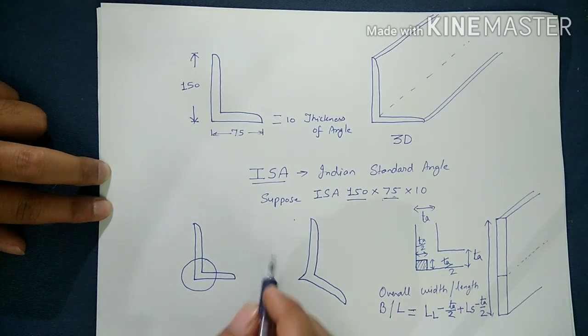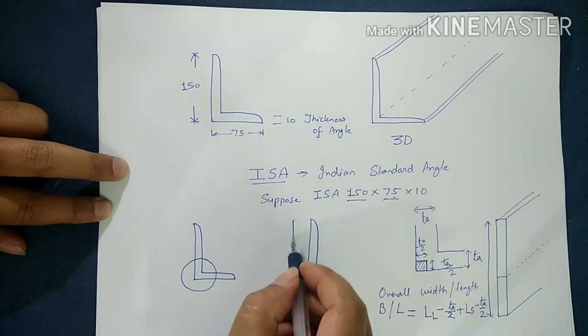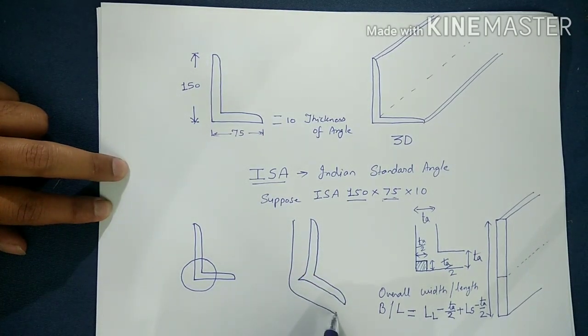We can see that if we add this whole length, and if the angle has this dimension, then overall length, or overall width, will be 150 plus 75.